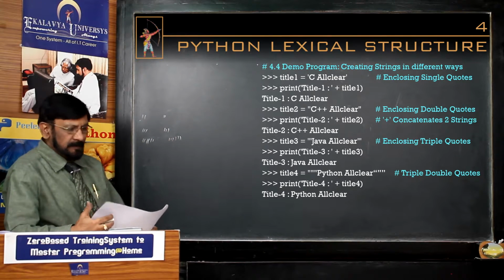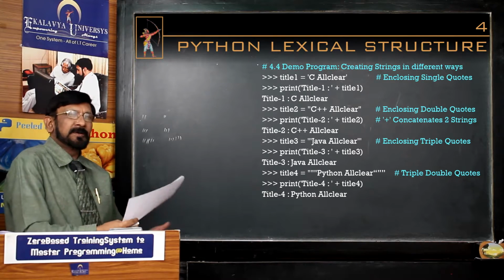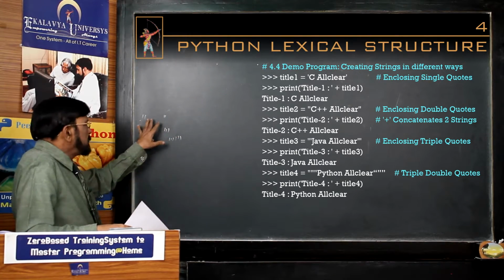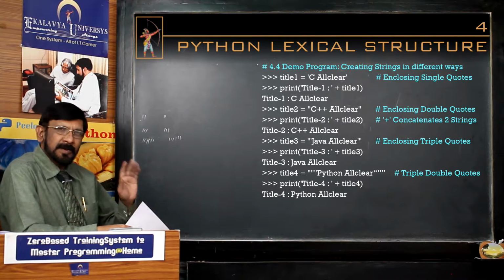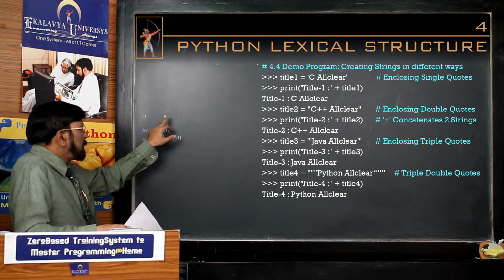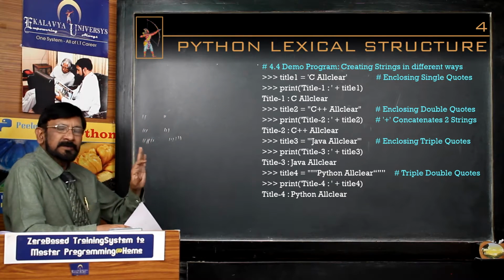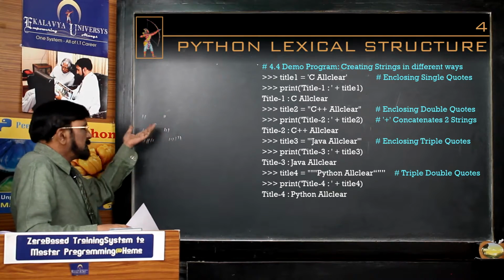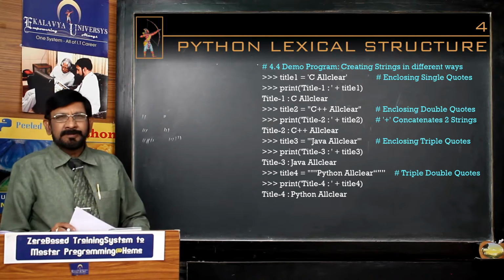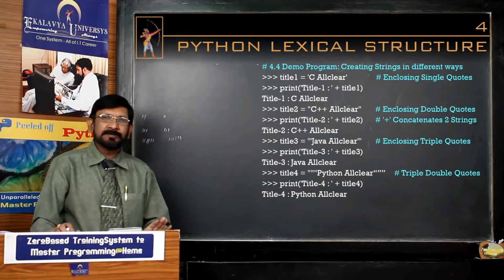So these are mere delimiters, as I told you already. Delimiters mean where a particular element is started and where it is ended. In this case, where the string is ended. Actually, from the beginning, many times I told you, it is a brainless machine.